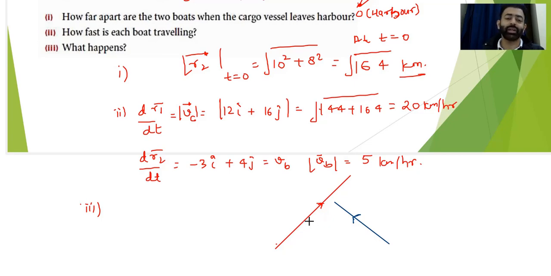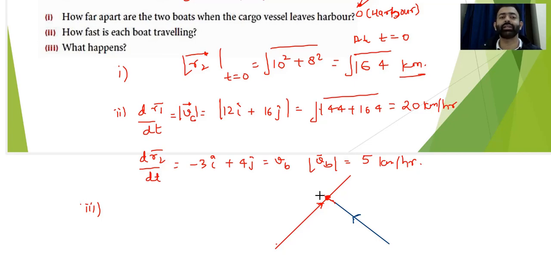If they pass each other, that means at that very instant, if I extend this boat to this point, both the boat and the cargo vessel have traveled for the same time.